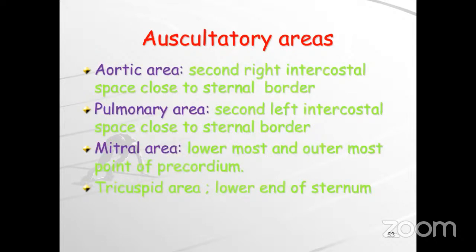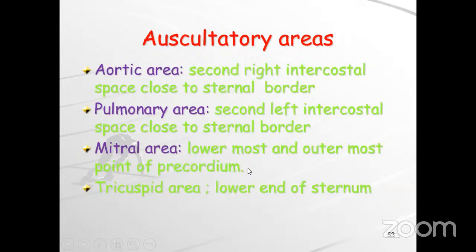There are 4 auscultatory areas in our body. The aortic area is in the second right intercostal space close to the sternal border. The pulmonary area is in the second left intercostal space close to the sternal border.